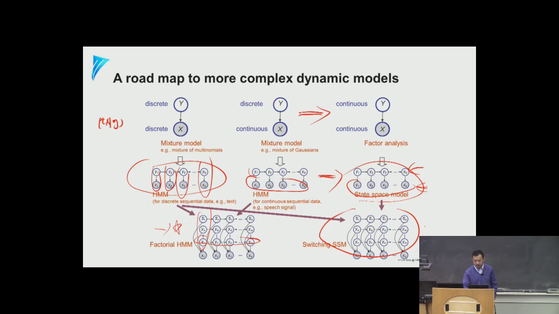And now, what does a switching state space model correspond to? Again, there are now multiple hidden trajectories. Can you just come up with a story?